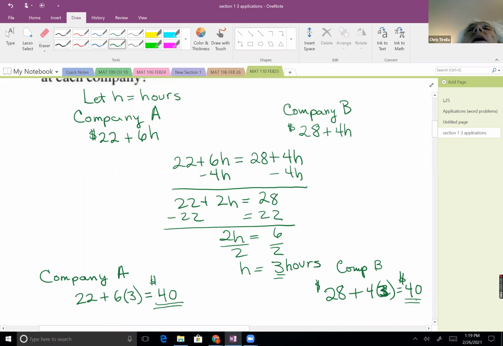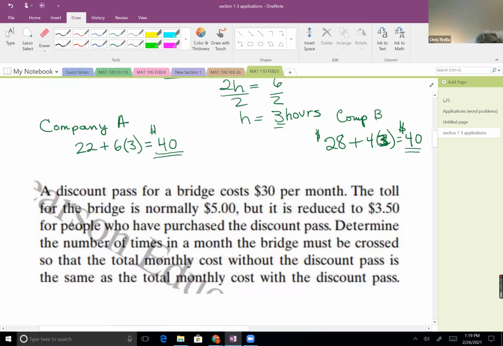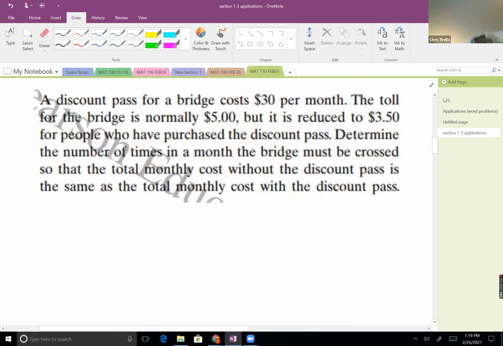Any questions on that one? Nope. If not, the next one is somewhat similar. So I am going to be quiet and give you 3 minutes to work on that one.